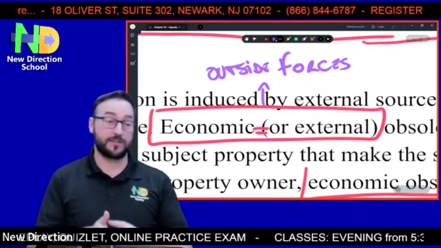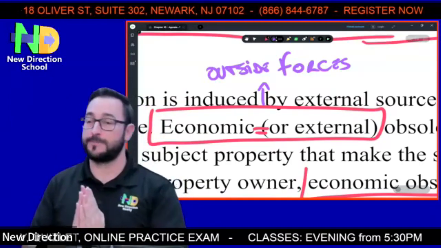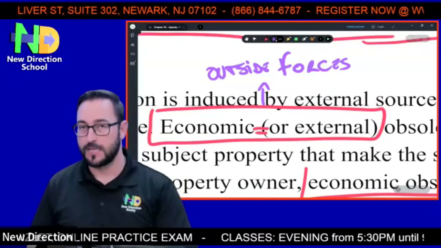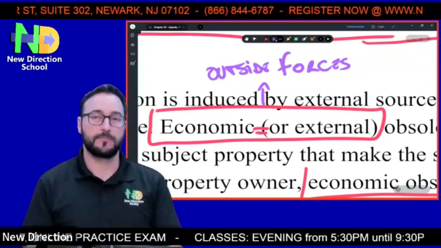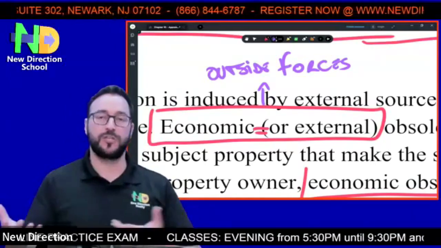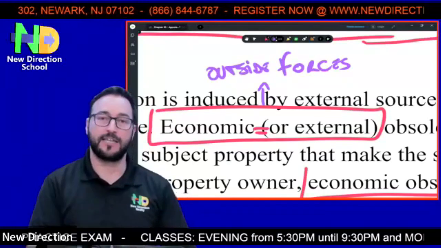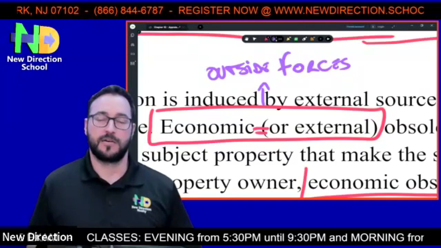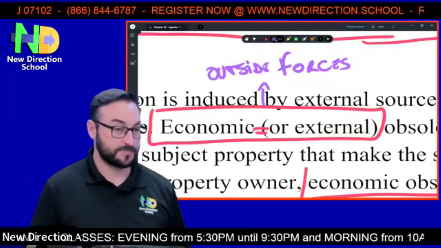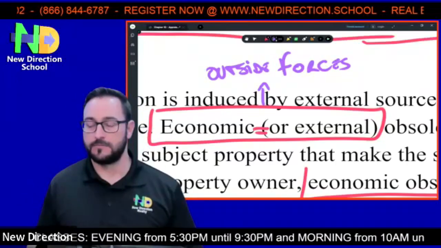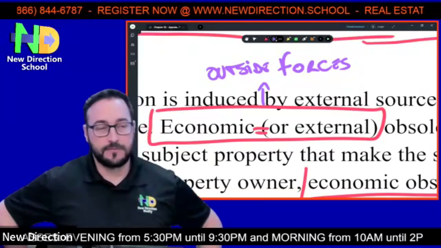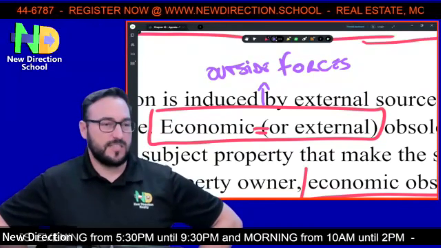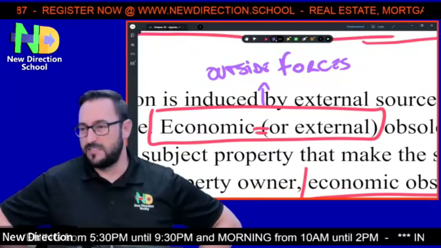So if it's a physical deterioration, look for something that talks about repairs or maintenance. If it's functional, can I change the use? Like a dining room. If we're a family of 6 right now, and my kids went to college, if it's just me and the wife, do you need a dining room? Let's eat in the kitchen.